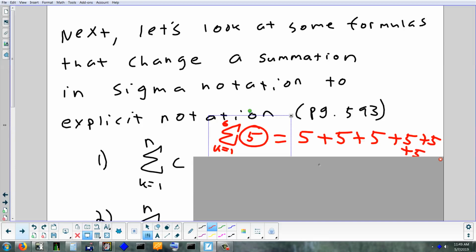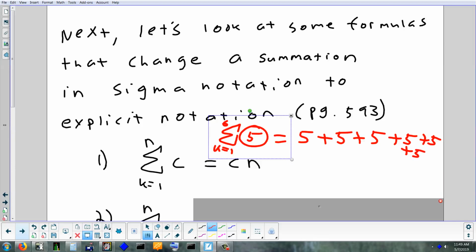So what's a short way of saying you have 5 6s? 30, how did you get 30? Multiply them. Your constant times n. So all you're doing here, this is the simplest kind of summation you can have. Repeated addition of the same number. We already have a very simple way to get rid of that. It's called multiplication. It's your constant times n.